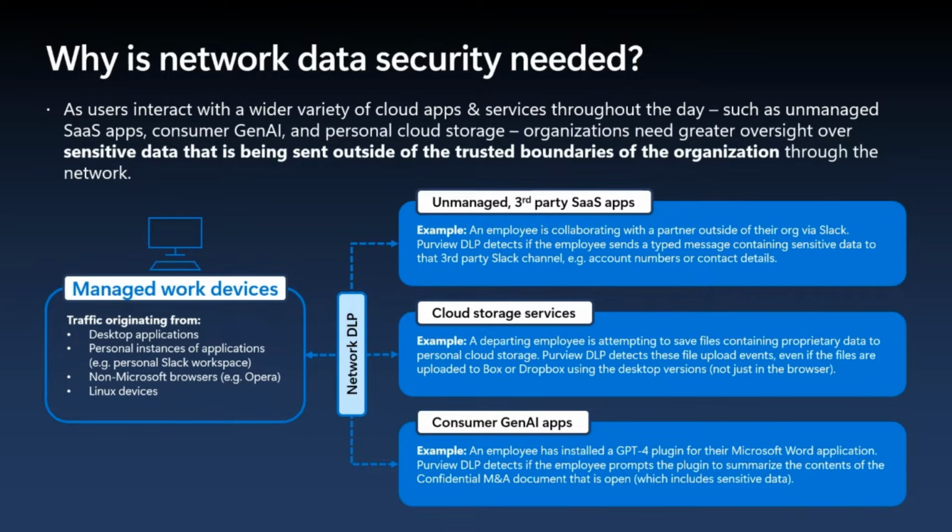So one of the big areas that network helps to cover are all these other things that are happening on the endpoint device that might not be within the browser, or might not be within the purview of the endpoint agent as well. Basically anything that goes through the network layer is potentially something we are able to intercept and inspect through this network integration. And that is super cool.